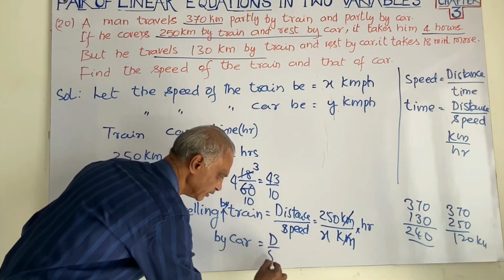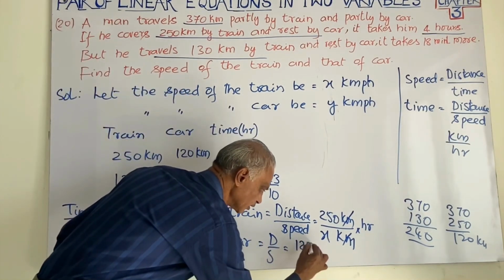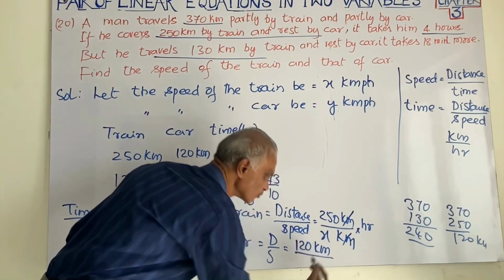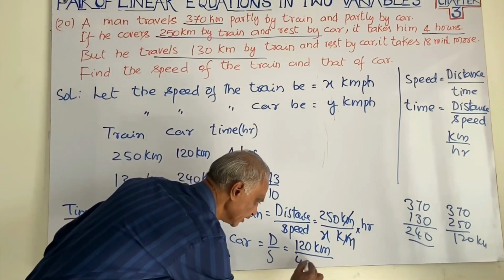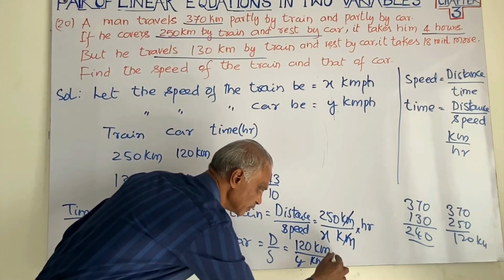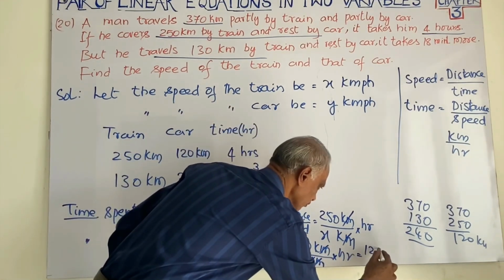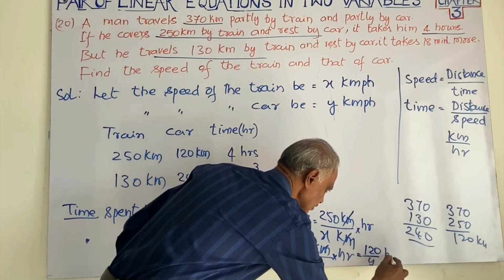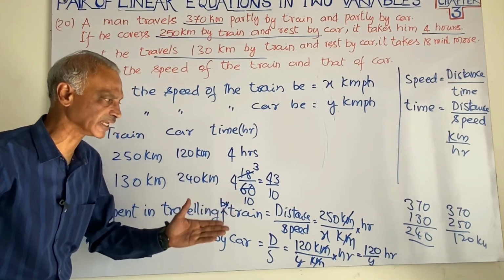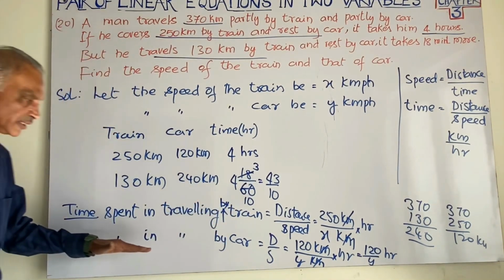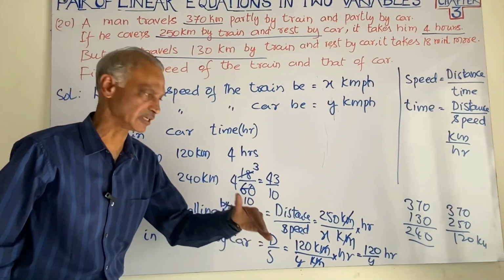Distance by speed. He traveled 120 kilometers by what is the speed of the car? y kilometers per hour, and you will have 120 by y hours. Time spent in traveling by train is 250 by x hours, and time spent in traveling by car is 120 by y hours.